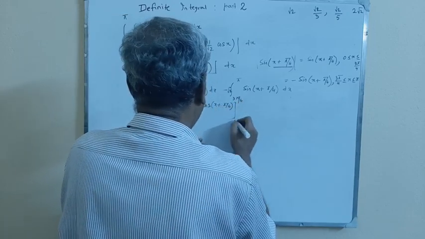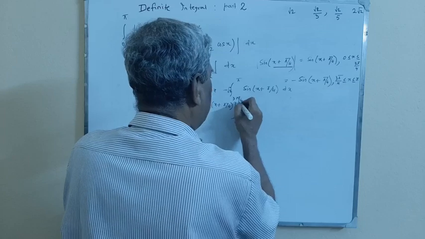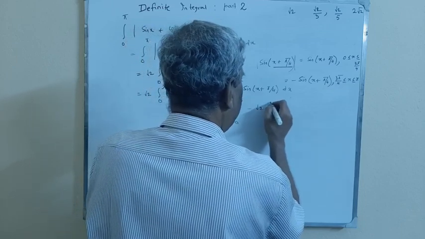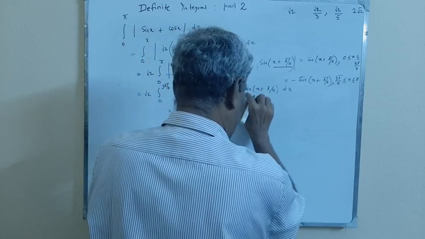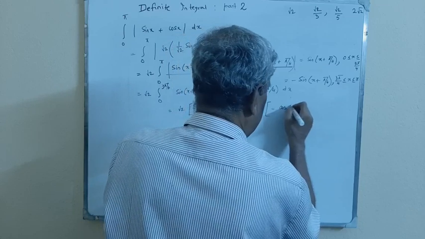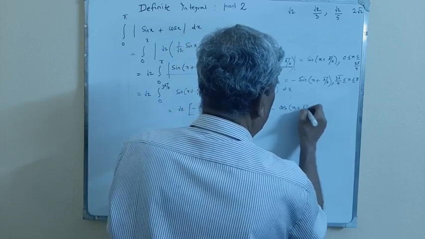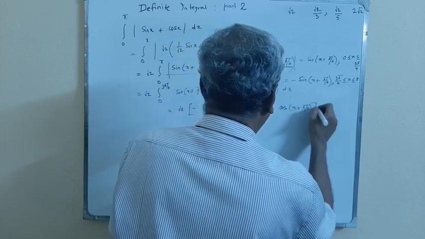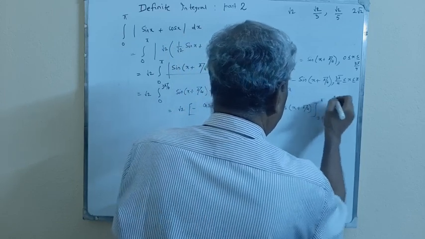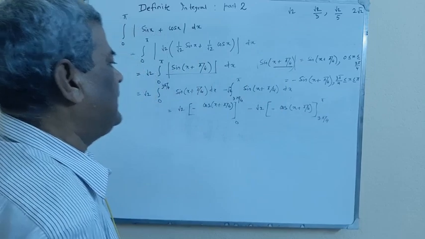The limit is from 0 to 3π/4, minus √2 into, this is also the integration of sine, which is minus cos of (x + π/4), and the limit from 3π/4 to π. The integration is completed.